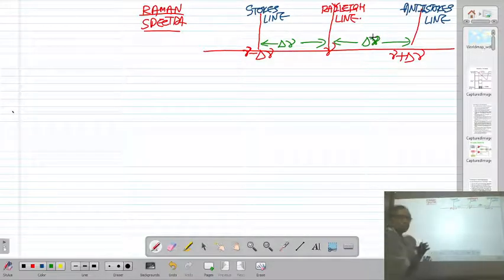Now we give the quantum explanation of these three lines, that is, why we get the Rayleigh line, Stokes line, and anti-Stokes line.